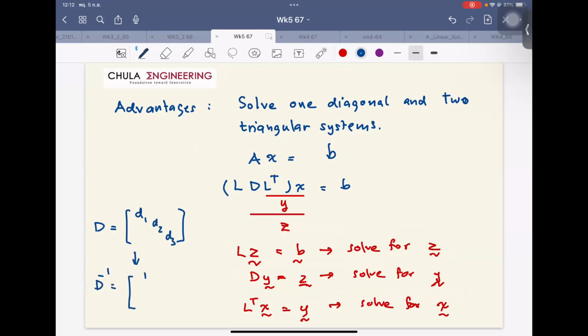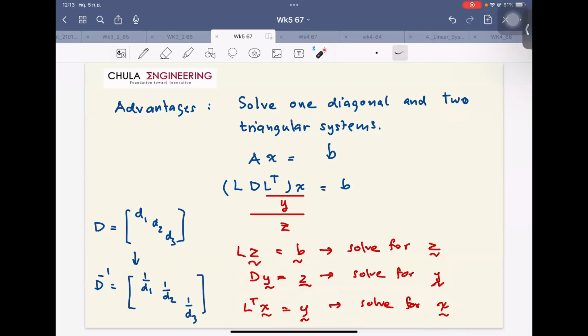It's the reciprocal, 1 over D. So simply divide the right hand side by the diagonal element, and you get the solution for this diagonal system. Very simple. Then you solve the last one, which is the backward sum.